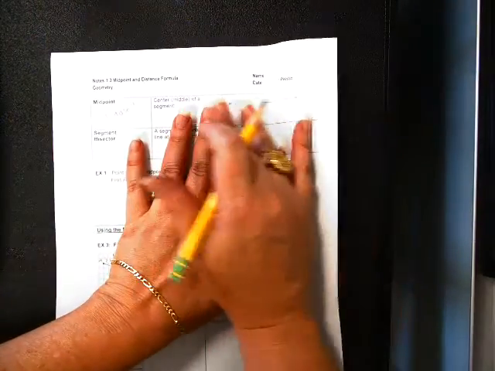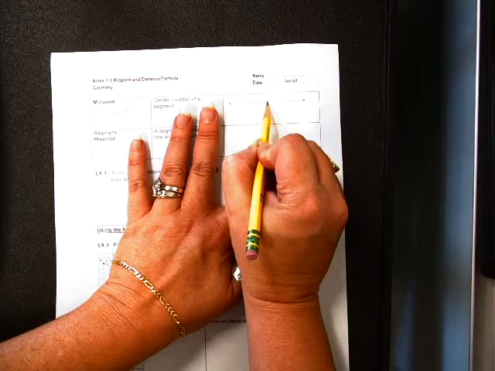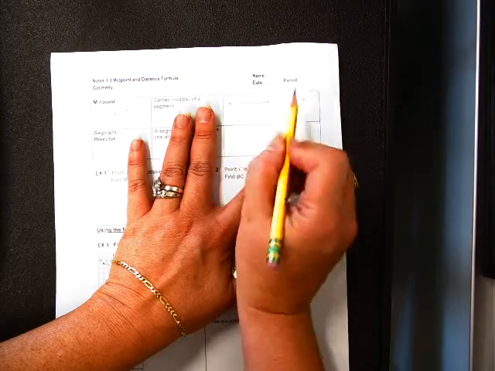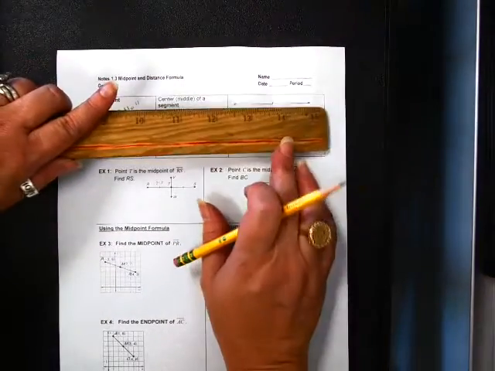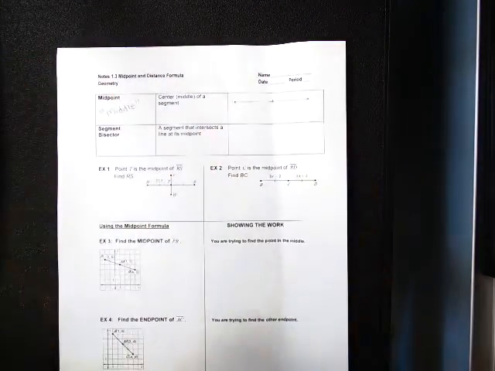When I open it up, this right here is going to be the middle of this segment. You can also use a ruler and measure the middle if that's easier for you. But for me, folding was easier.